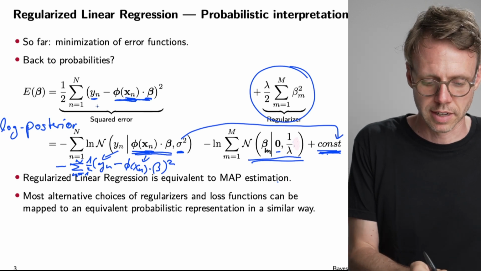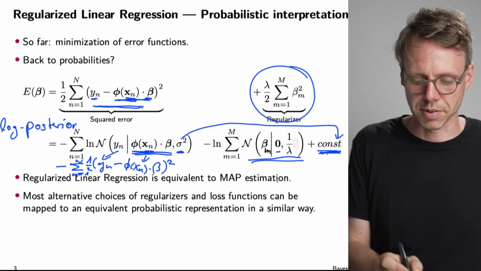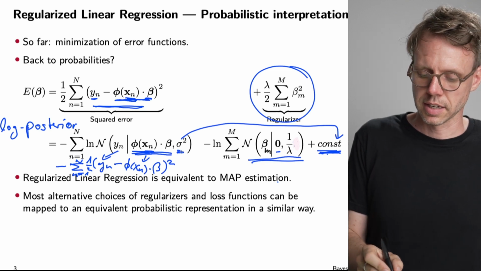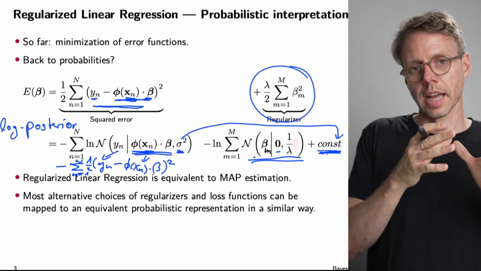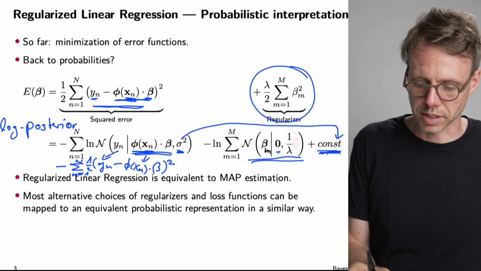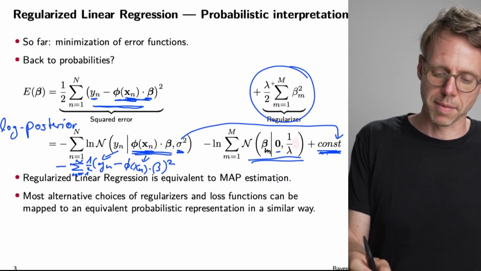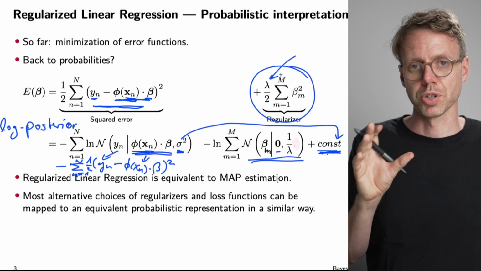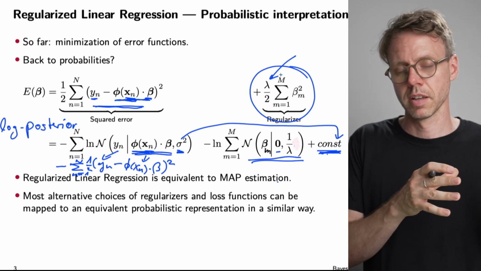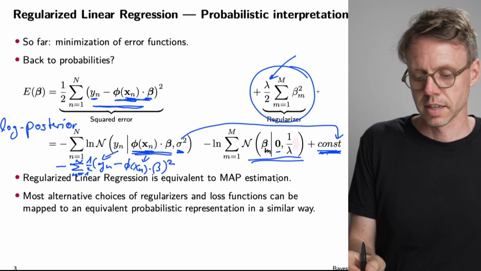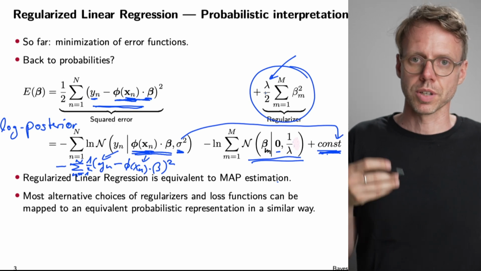So we're assuming that the residuals of the model are normal distributed with zero mean and variance sigma squared, and a prior distribution over the regression weights where we assume that each entry of the weight vector follows a zero mean normal distribution and has a variance of 1 divided by lambda, where lambda is the tuning parameter of ridge regression that adjusts the trade-off between the model fit, so minimizing the squared error for small values of lambda, and getting small beta coefficients for large values of lambda.